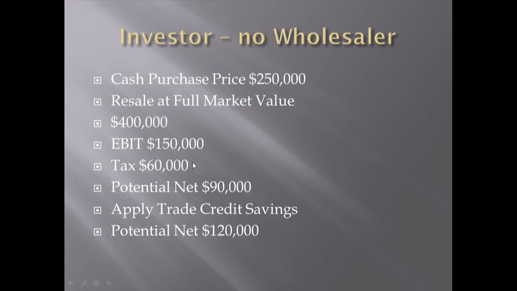The tax is 60 grand, so the potential net profit after tax that goes to the investor is 90 grand. Now, apply the tax savings using trade credits. The profit after tax potentially can be 120 grand.